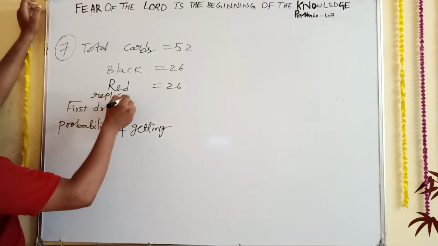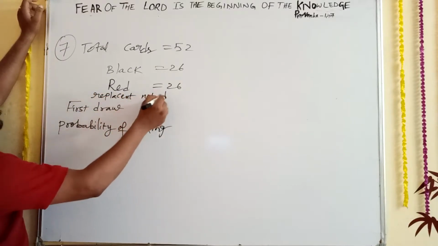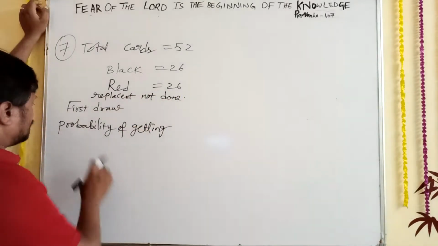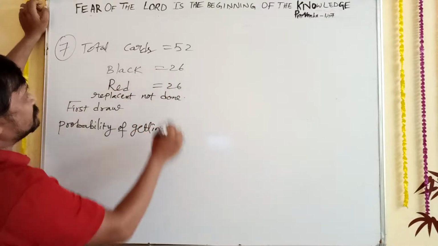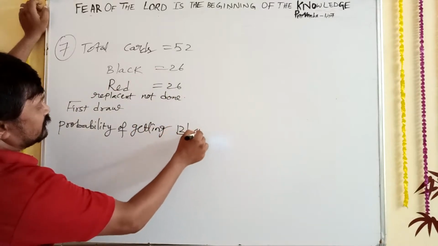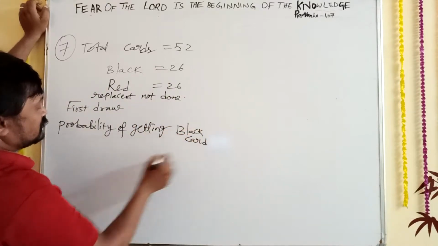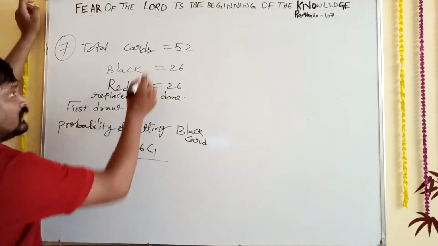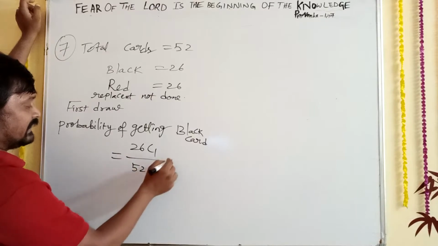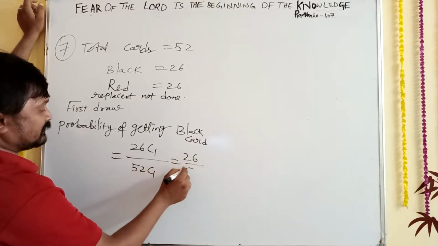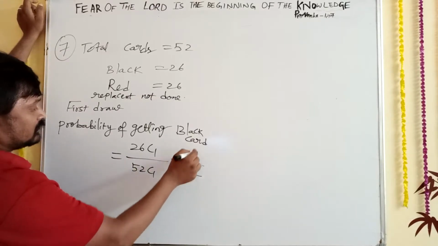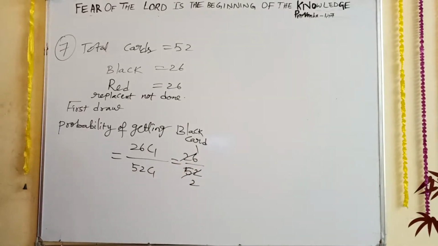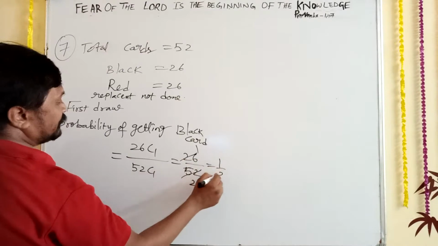Replacement not done. So replacement was not done. Now probability of getting a black card: 26 out of 52. 26 ones are 26, 26 twos are 52. So now it is half.